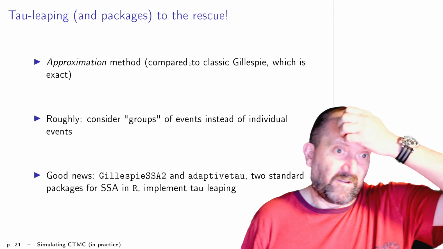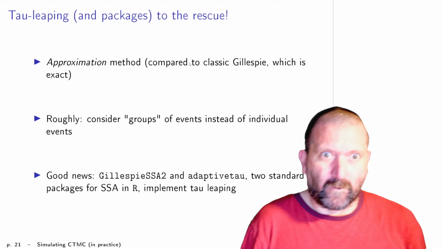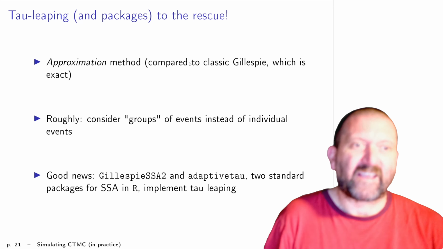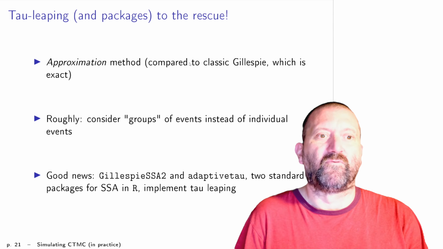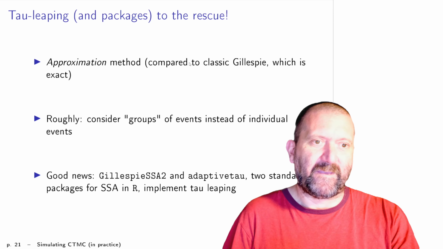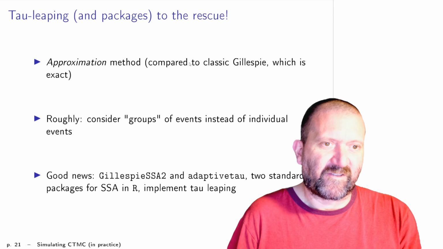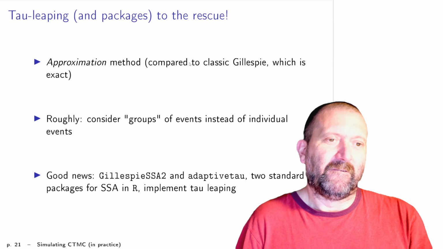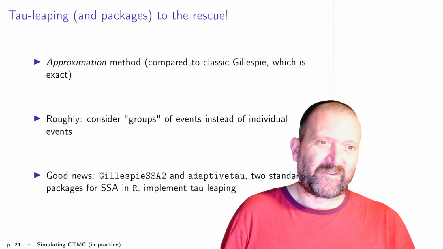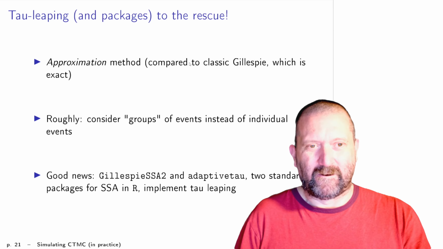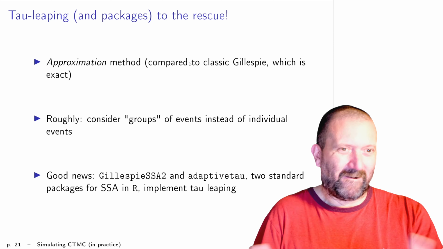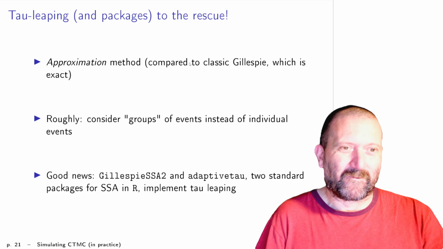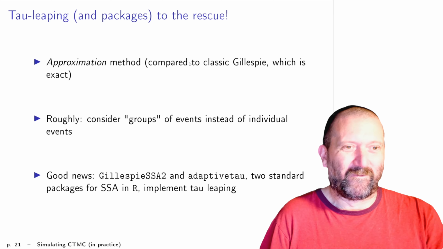Compared to that, the Gillespie algorithm I showed you before is what we call an exact method, because you can prove that the Gillespie algorithm gives you realizations that are exactly what you expect from a continuous time Markov chain that runs the model that you're planning to simulate.